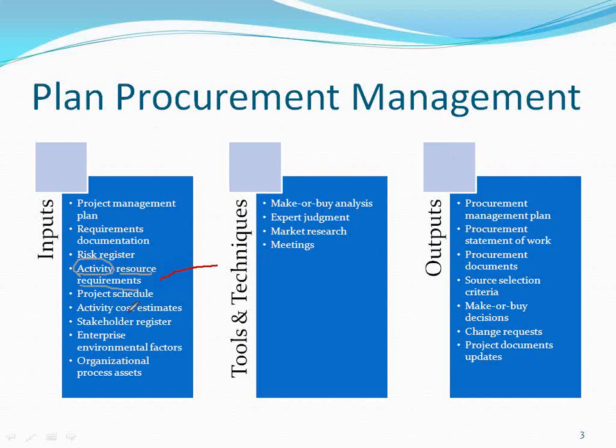Project schedule. Sometimes this schedule is required to decide which one you outsource and which one you do by yourself. If the schedule is very tight, better than doing it ourselves, we'll procure from outside. We don't have time.